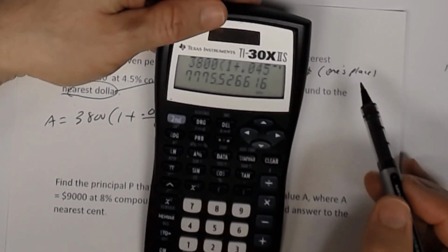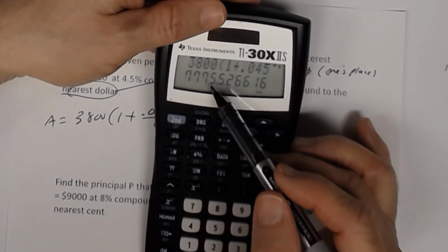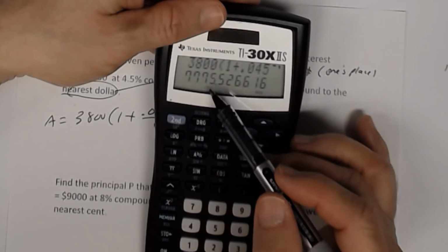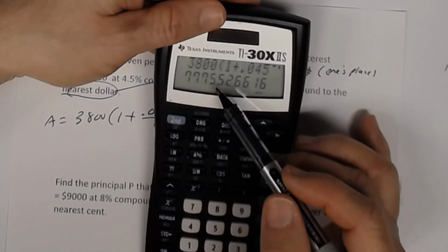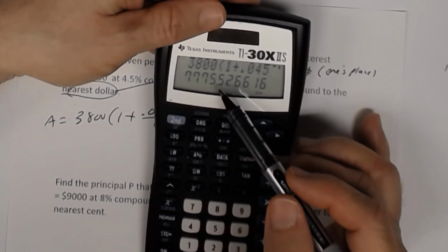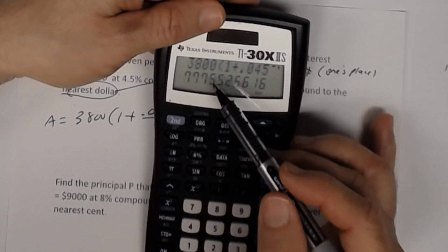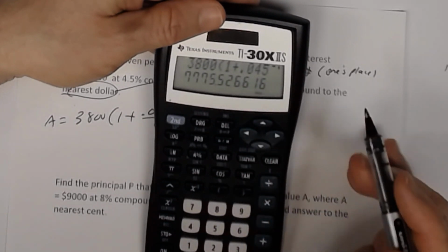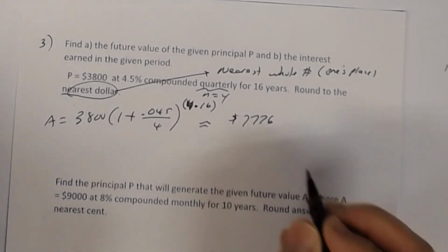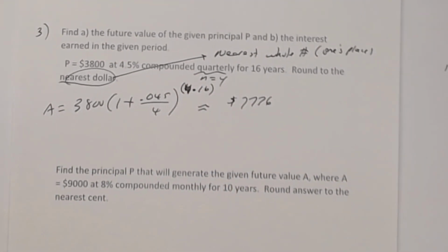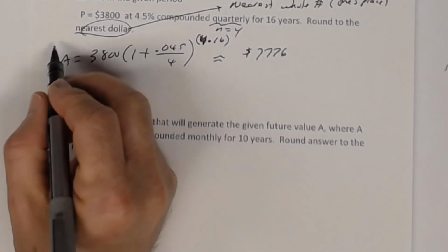Whenever you round, you look at the digit to the right, and that's going to be the tenths place. Since this is 5, this 5 becomes 6. So you're going to get $7,776. Okay? All right. Now, that was part A.